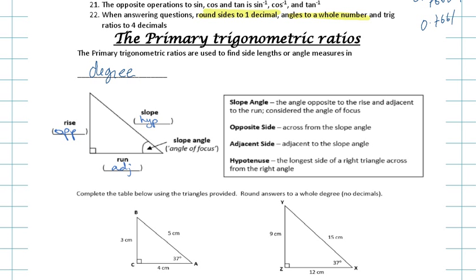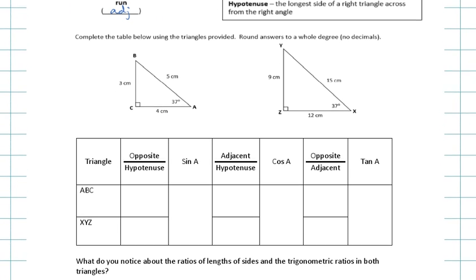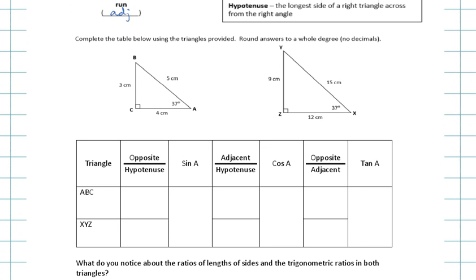So, let's do that. Where is my angle of focus in triangle ABC? A is my angle of focus because that's the one given to me, right? Good. So, where are your opposite, adjacent, and hypotenuse?